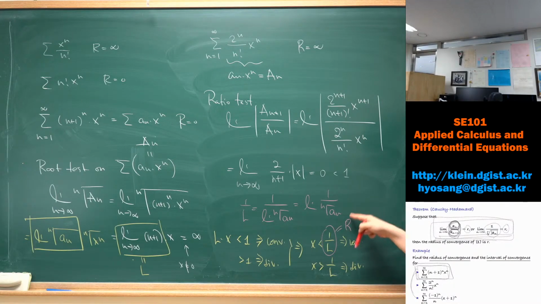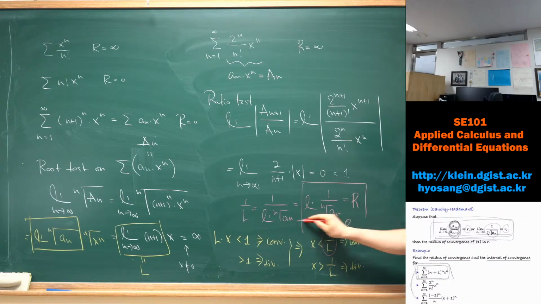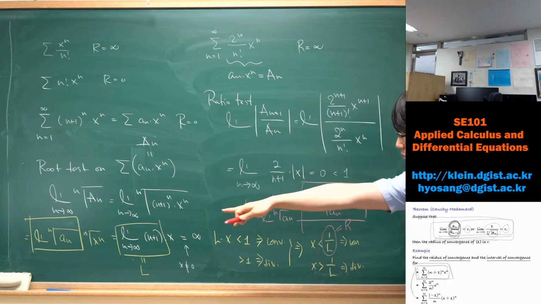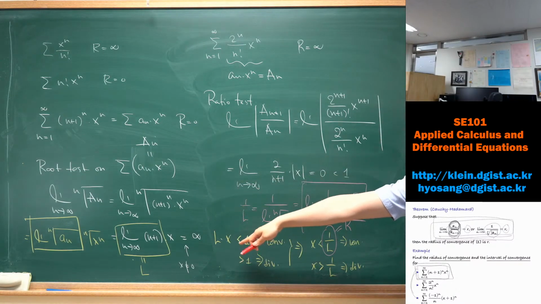That's exactly the same as the definition of the radius of convergence. So this is the R. And you see the Cauchy-Hadamard theorem, to find the radius of convergence, looks at the ratio 1 over the nth root of an. That's how it is derived from the root test here.